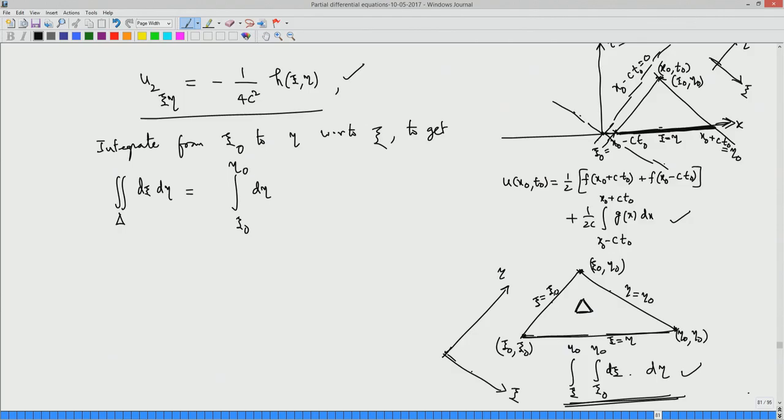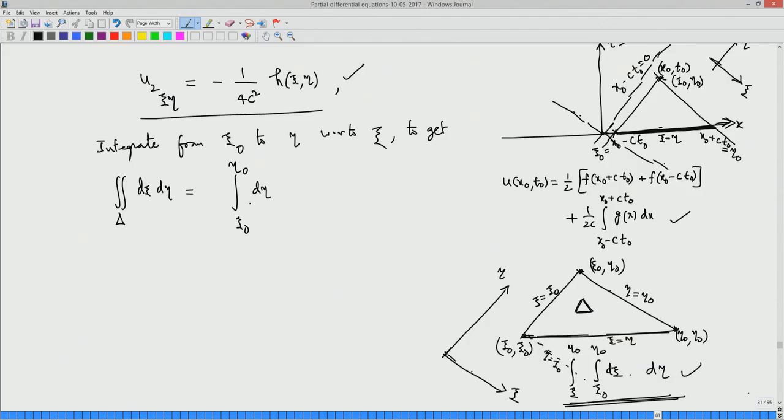Now, xi is between this line and this line. Eta equal to xi naught is this line, that is parallel to the xi axis, so eta equal to xi naught to eta equal to eta naught, that is d eta.